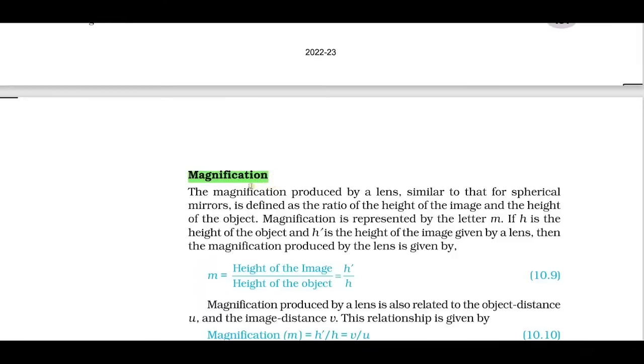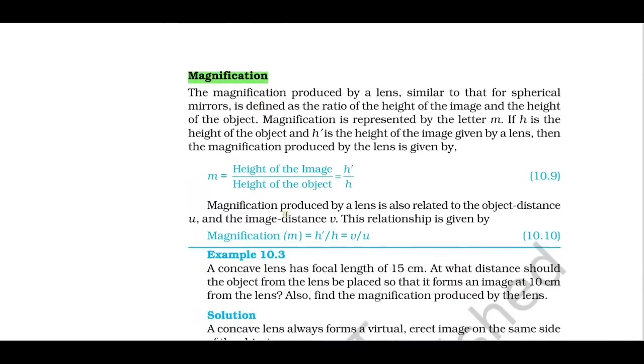Next you have magnification of a lens. The magnification produced by the lens is similar to that of mirrors. It is the ratio of the height of the image to the height of the object. Otherwise it is defined as the image distance by the object distance, that is, magnification equals h dash by h or v by u.